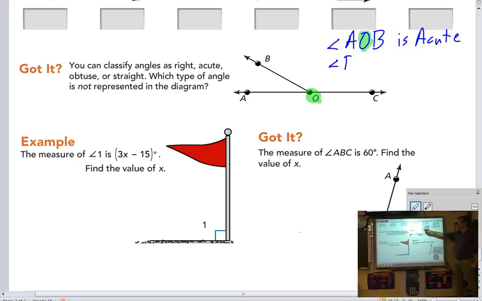O. And then it ends at C. So angle BOC is obtuse. Who's got their brain really turned on today and knows my 3rd angle? Shane? Angle AOC is what kind of angle? Straight.